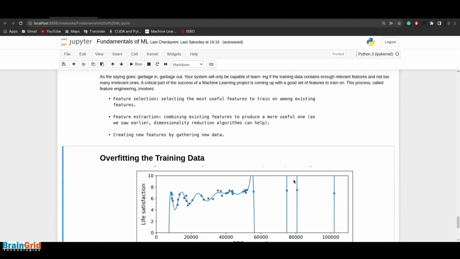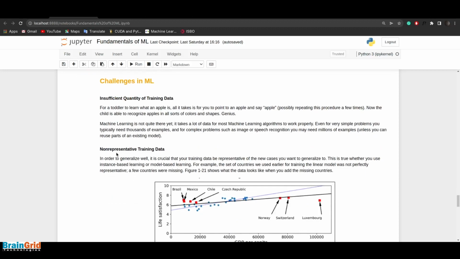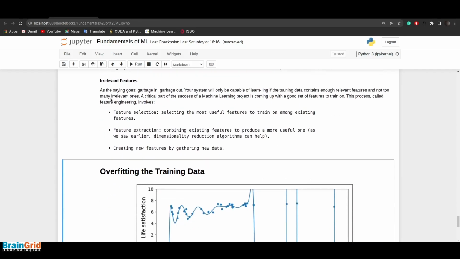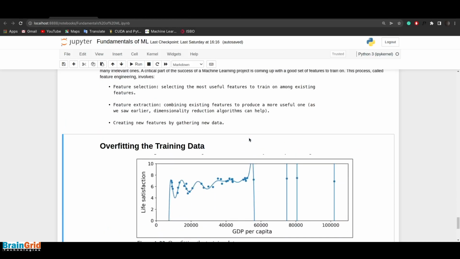Yes, that's about it. So in a nutshell, there are definitely challenges to the machine learning approach. The first and foremost is insufficient quantity of training data. Then comes non-representative training data, and then we have poor quality of data, irrelevant features, and overfitting and underfitting on the training data.